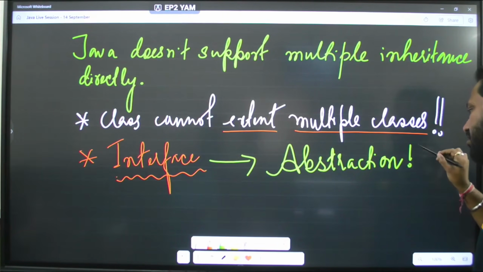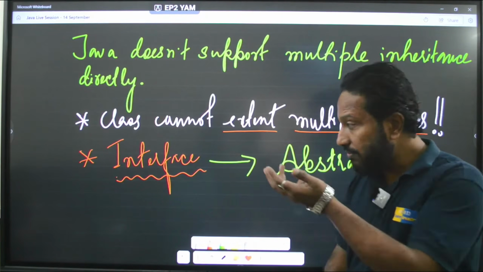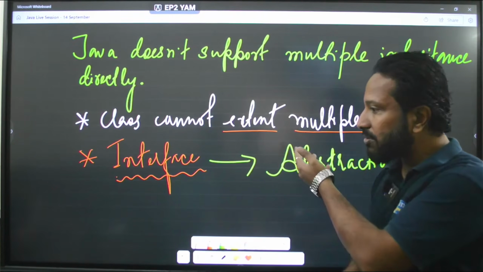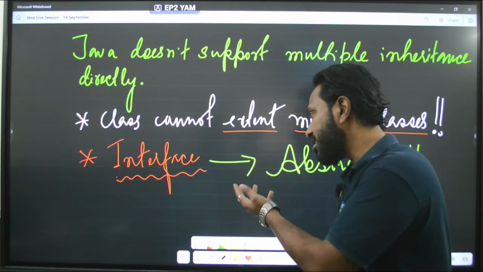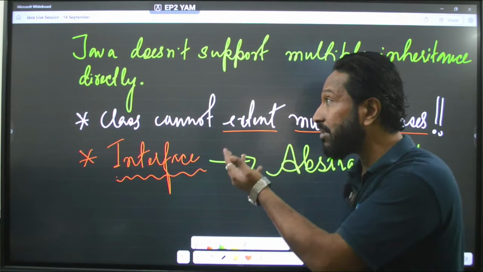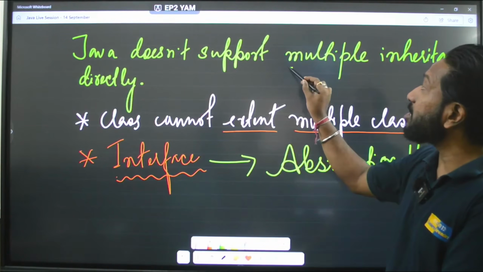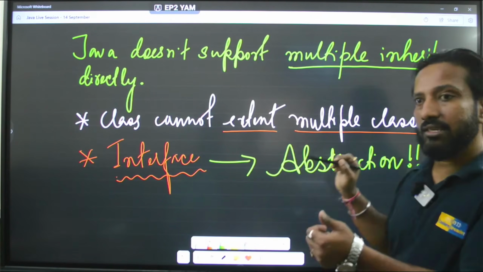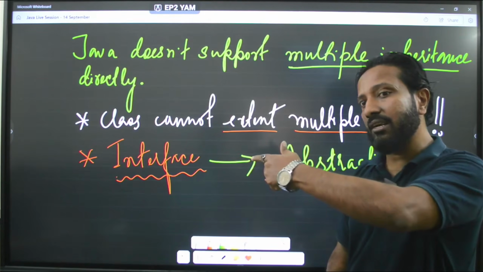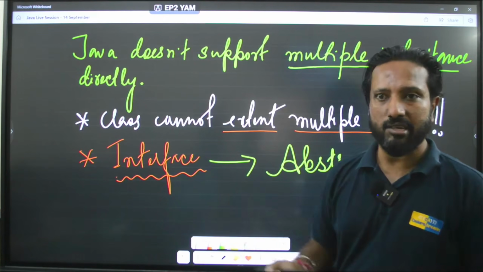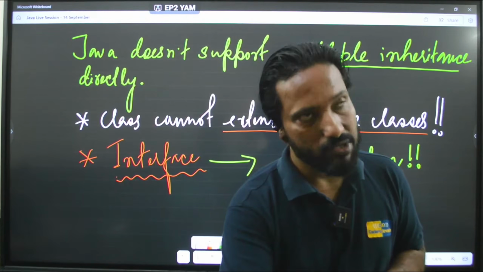So first we will be learning all about abstraction, the properties, the definition. We will write some code. After that we will come back to do this multiple inheritance. Is that clear? So before learning the multiple inheritance part, we will be learning abstraction and coming back here. I hope this is clear now.